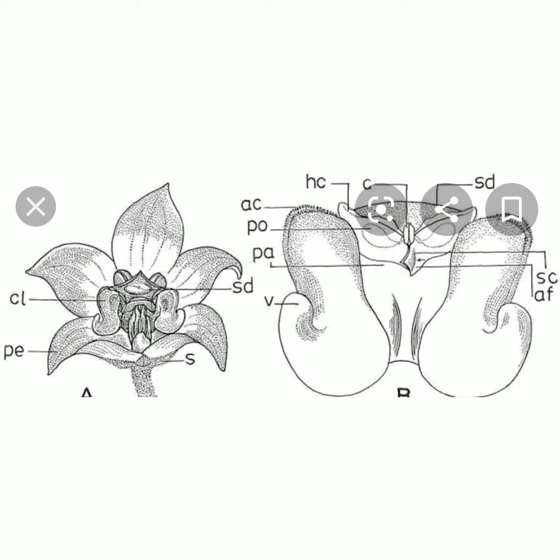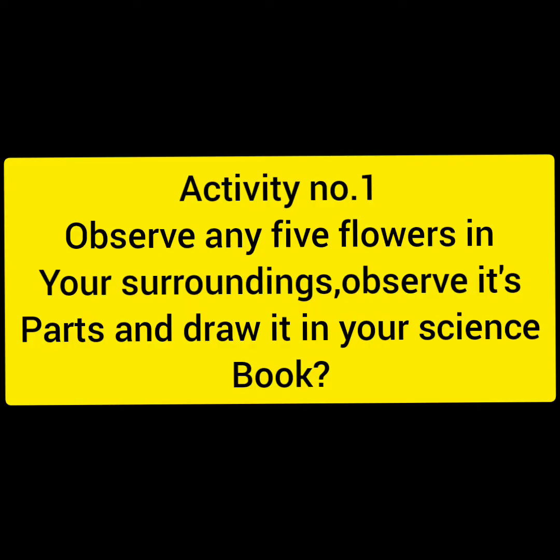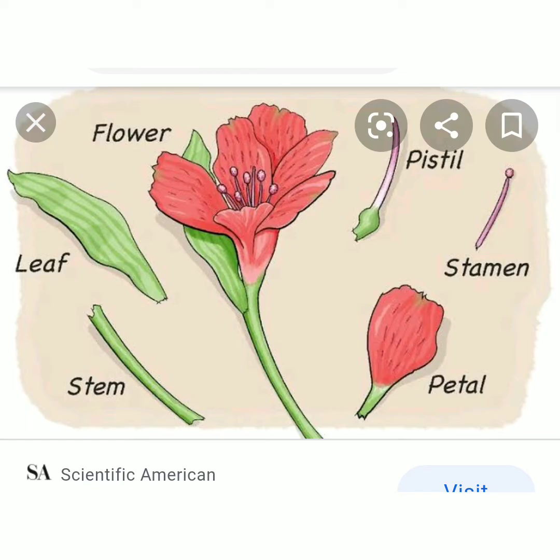Okay, so we have our first activity, that is activity number 1. Observe any 5 flowers in your surroundings, study their parts, and draw them in your science book. Okay? If you are not good at drawing, you can do another thing: separate the parts, name them, and take a picture to upload to your class groups.